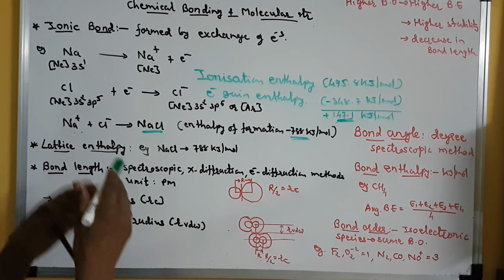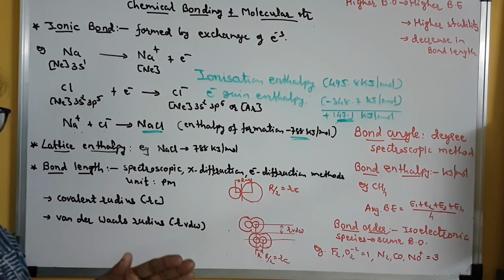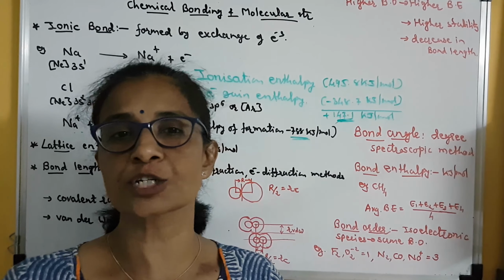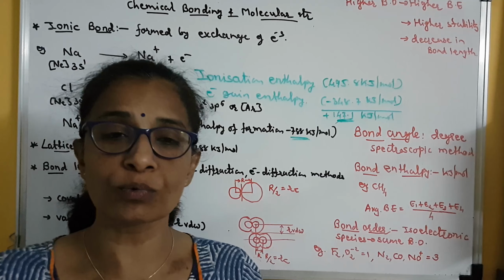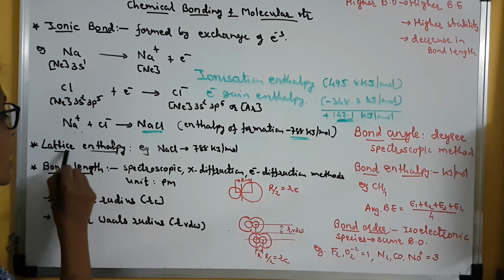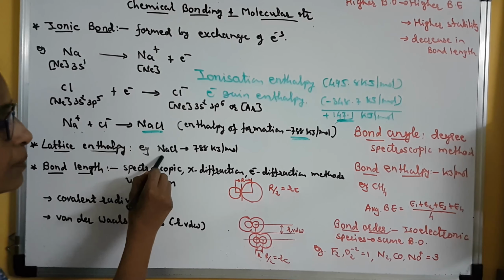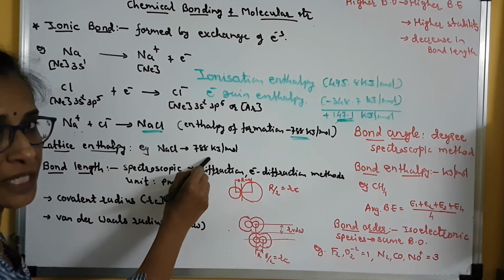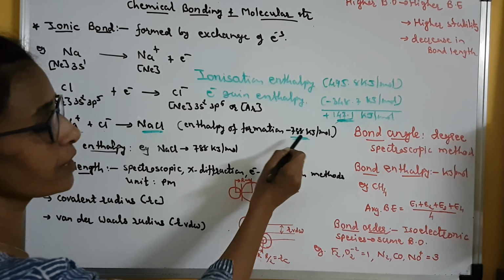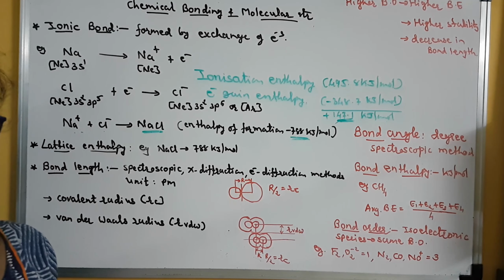Clear? So the more energy required to break the bond, the more stable that compound, the more stable that crystal. Now the question is, in the case of lattice enthalpy I have written plus 788, but in the case of enthalpy of formation I have written minus 788.